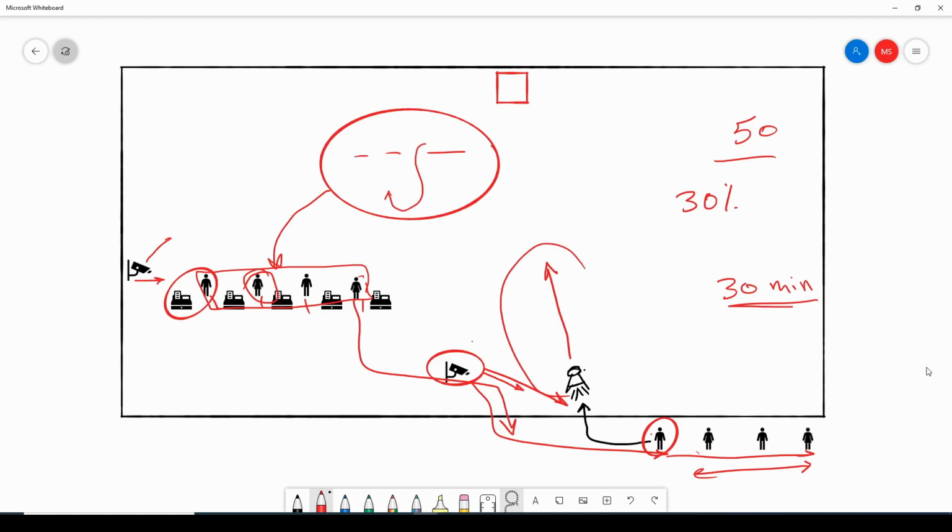The devices that we use here, we use a lot of things. For example, for the contactless part we use IR sensors, and for the cameras and the microcontroller, we use a Raspberry Pi with some customized board that we designed ourselves.